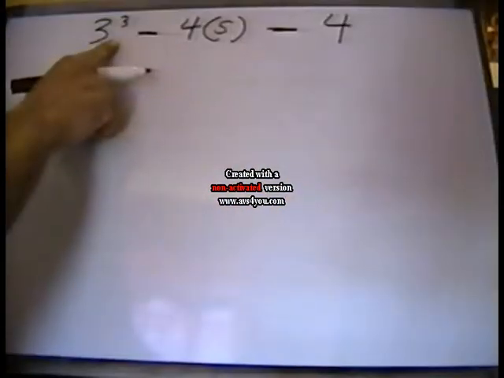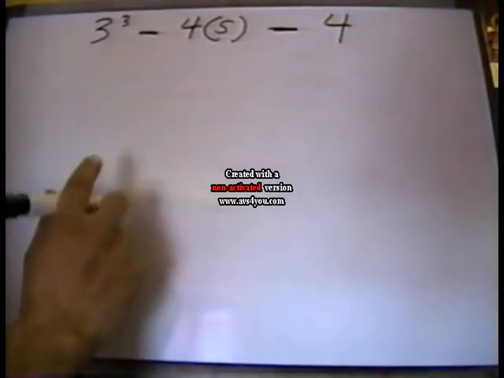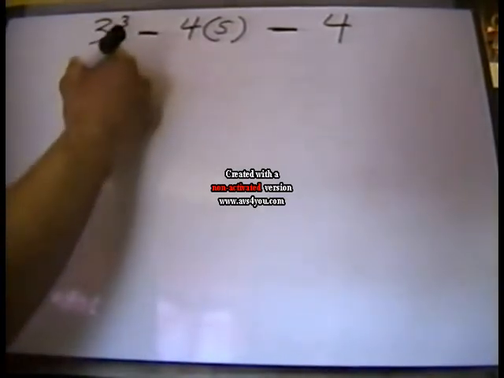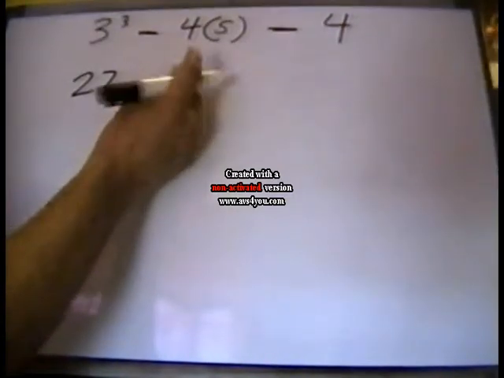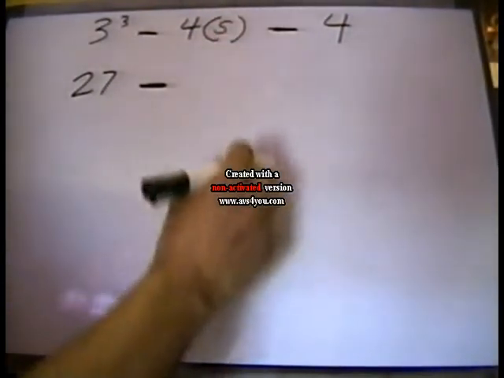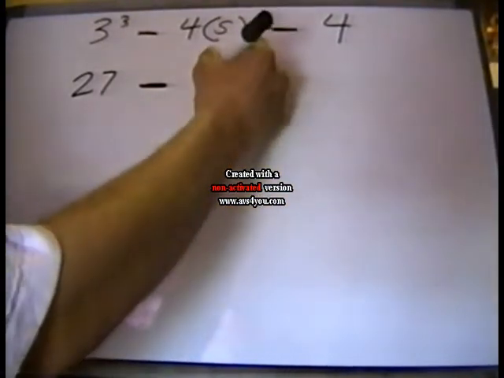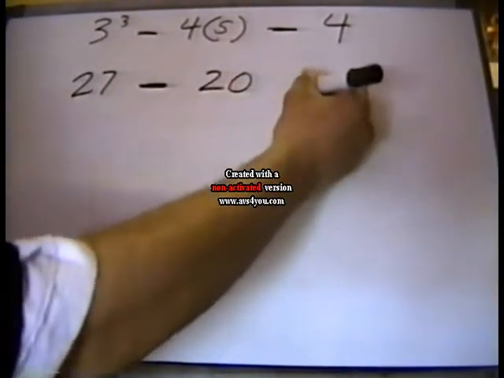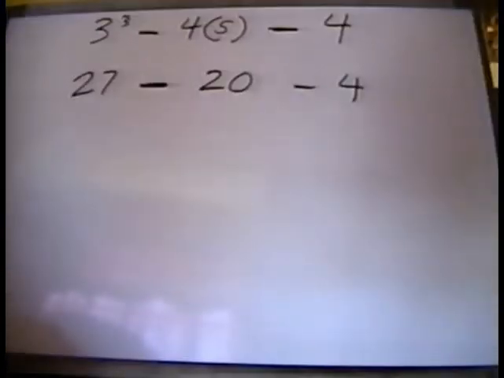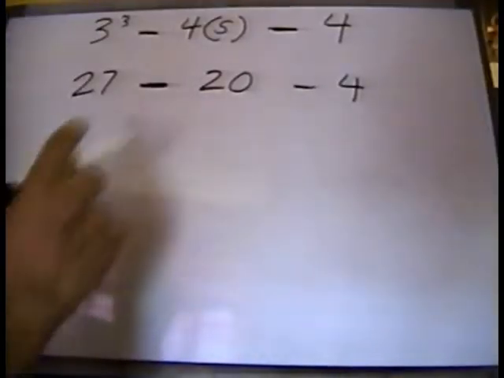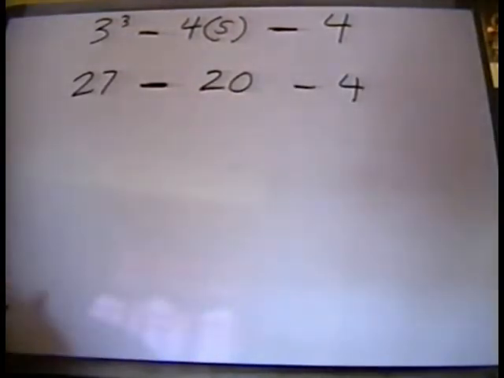3 to the power of 3. First, we evaluate the powers. 3 to the power of 3 gives you 27. Minus, now 4 times 5, which is 20. Minus 4. Now here, 20 and 4 are both negative numbers, and 27 is a positive number.